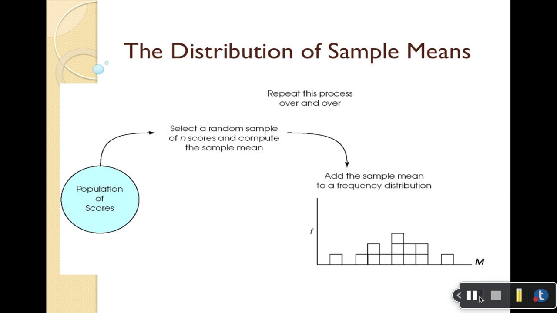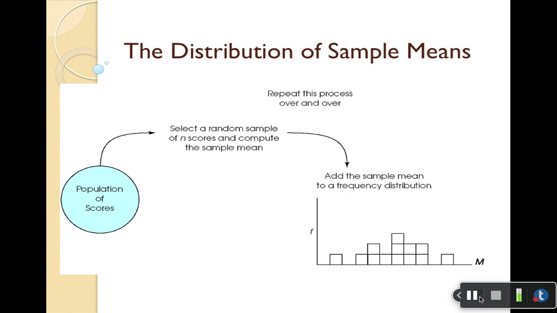So here we have a graphic that explains this to help you visualize it. On the far left, we have the overall population of individual scores. And what your textbook asks you to do is to imagine that we're going to select from that population a random sample of scores and compute a sample mean. And here it says n scores. That could be 5 people, 10, 100, 1,000, whatever number you would like in your sample. Compute the sample mean.